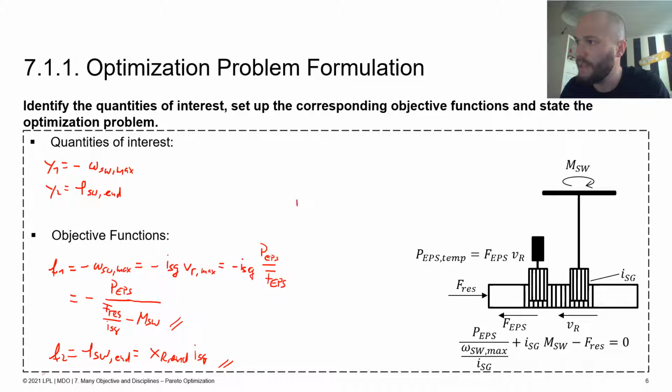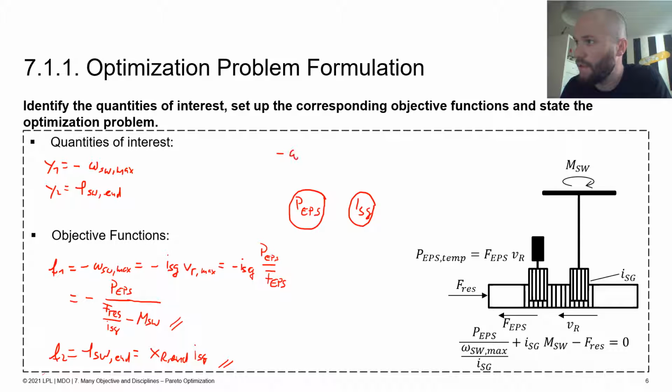So we have one design variable, which is the power of the actuator here. Our second design variable is the ratio of the steering wheel gear, and these are our design variables. And from the formula we can see that with respect to the first objective, both design variables are influencing the velocity, so the steering wheel velocity, the angular speed.